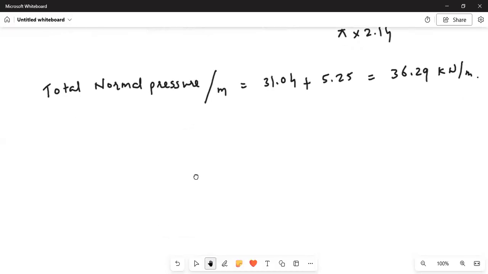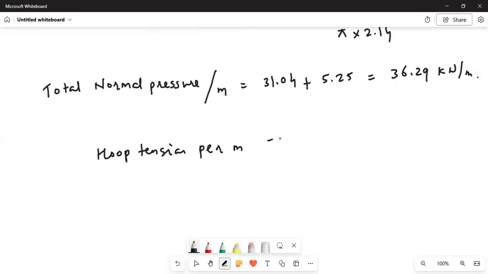Okay, you know the formula for tension. Hook tension per meter run equal to Pn, that is total normal pressure, into D. See, Pn is not just Pn, it is total normal pressure. Total normal pressure into diameter. Which diameter you have to take?